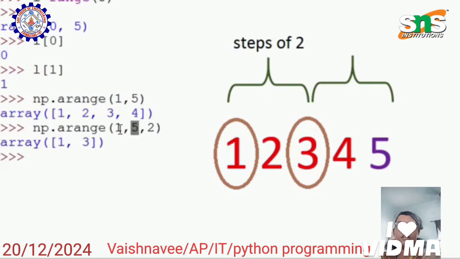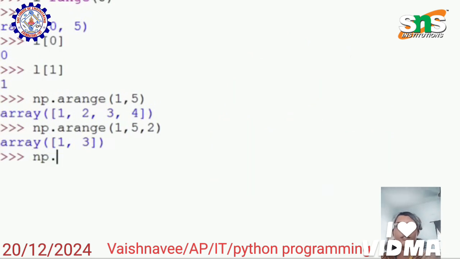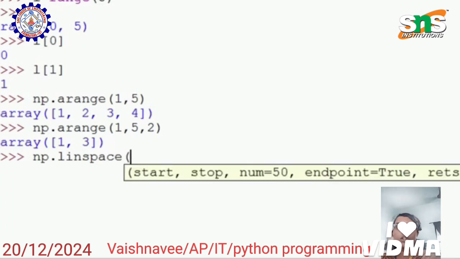You can also use the linspace function. So now let's see the demo. With np.linspace, you specify your start number and end number first. Let's say the start number is 1 and the stop number is 5, and in between these two numbers I want to generate 10 numbers.